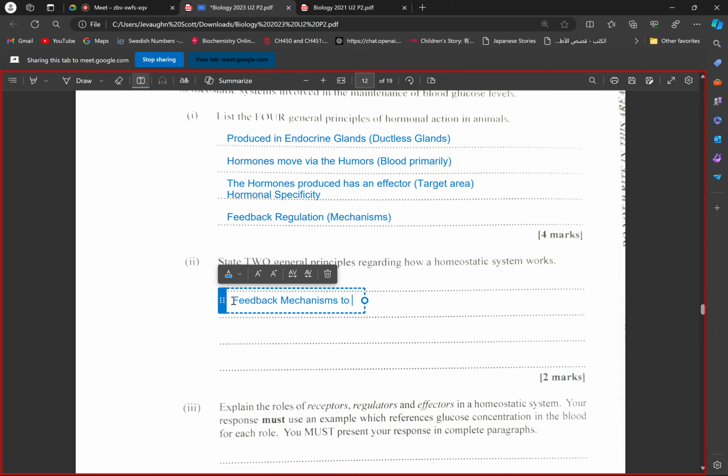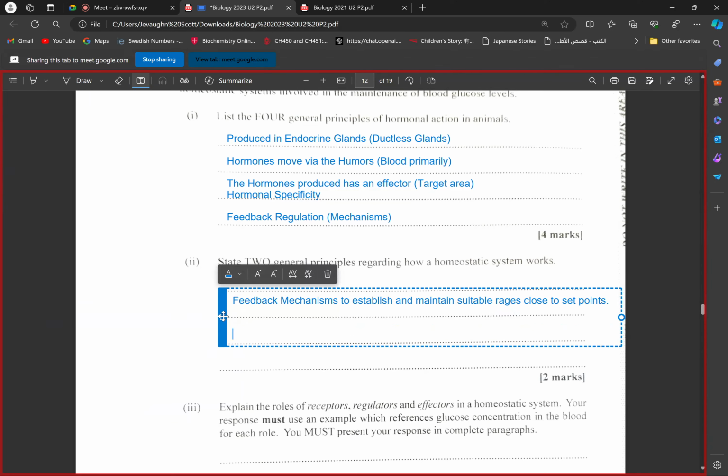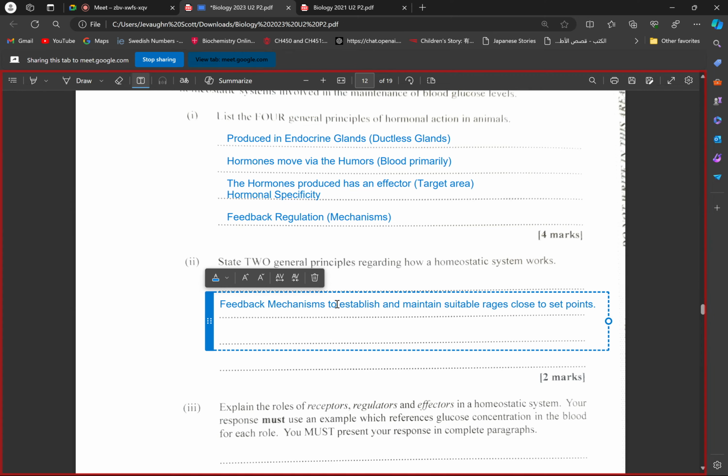Yeah, that. All right, so have that there. The feedback mechanisms establish and maintain suitable ranges close to set points.